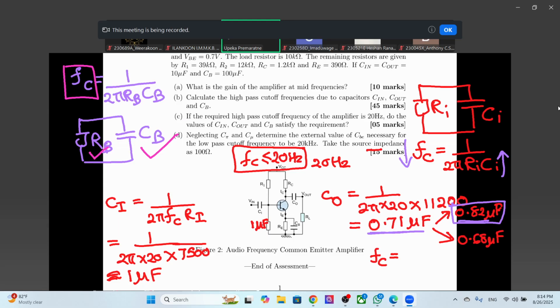In this question, we find the equivalent resistance and try to find the capacitance for a given cutoff frequency. The cutoff frequency is given as 20 hertz.